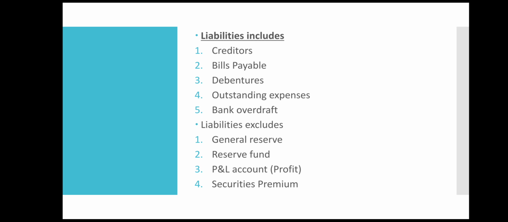So in short, when we say liabilities, we mean that we have to take only outside liabilities. Internal liabilities of the company, just like reserves and shares, are not to be taken while solving the problem. So we have to include only outside liabilities and exclude inside liabilities.